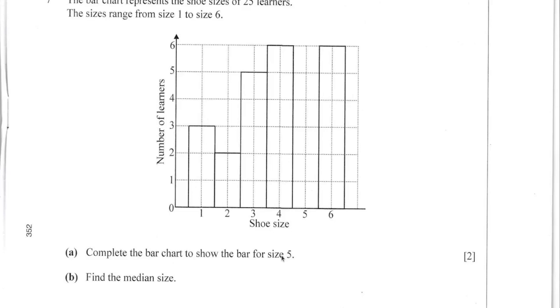So in order for us to find the bar for number 5, we need to first know the frequency there. We'll calculate that in a moment, but now let's argue on something. Is this a bar chart or a histogram?